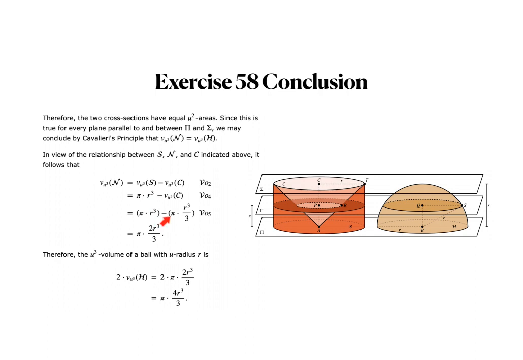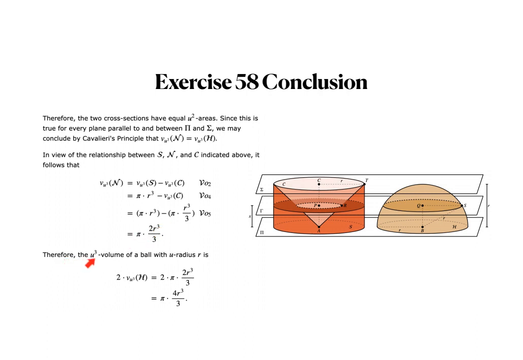Well, the volume of my cone is 1/3 pi r squared times the height. Well, my height here is r. Simplifying, we obtain that the volume outside this cone is 2/3 pi r cubed.